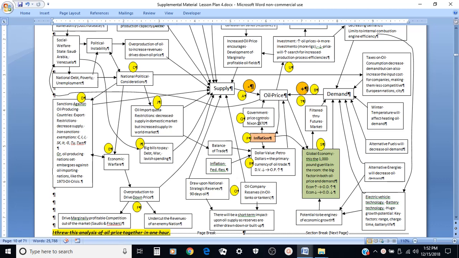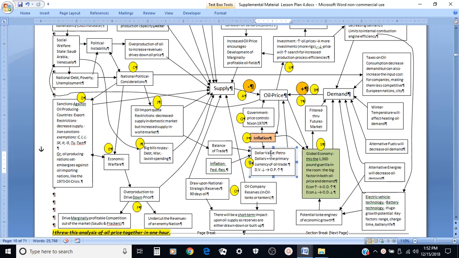But then another thing happened, especially with the inflation of the OPEC embargo. Nixon set up what's called the petrodollar, which was an agreement by first Saudi Arabia, then all other OPEC nations to sell oil exclusively in exchange for dollars.